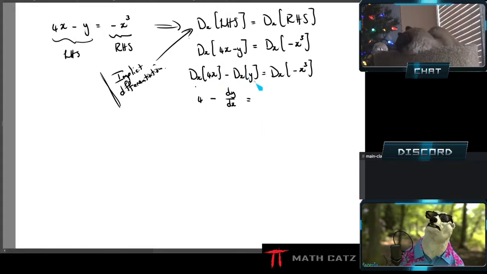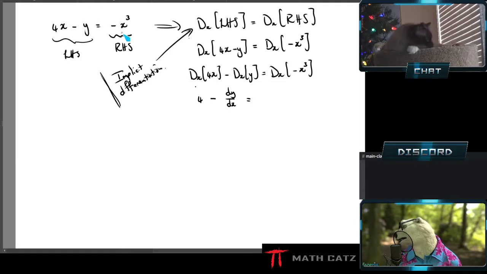Here I'm looking at the derivative of y, and at this stage, because I didn't solve for y, I technically don't know exactly what this y function is. I know it's a function, and this big D notation is just asking for the derivative. I don't exactly know what that is, which makes sense because I'm trying to find it.